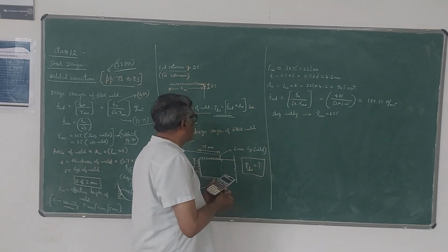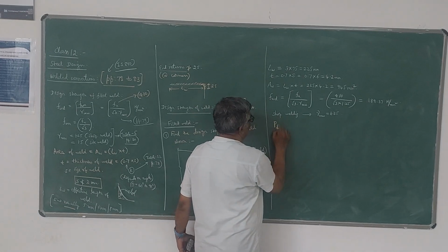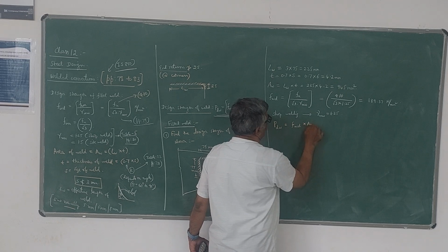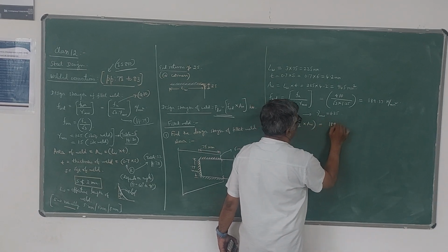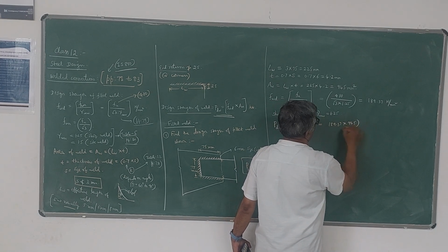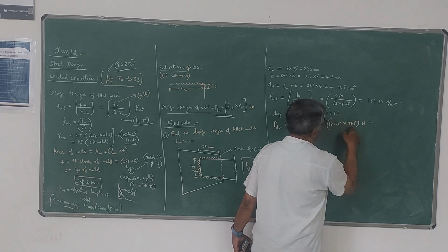Now therefore PDW, the design strength of weld, is equal to FWD into AW, which is given by 189.37 multiplied by 945. This will be in newtons, because this is newton per mm square and this is mm square.